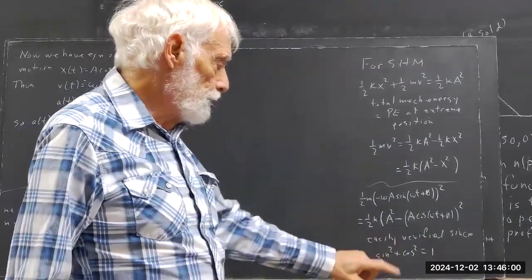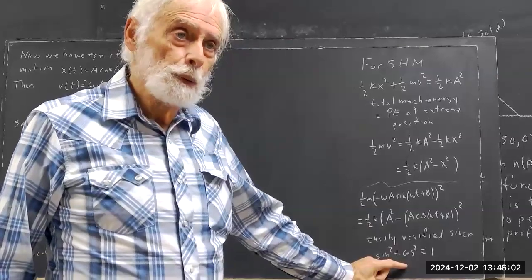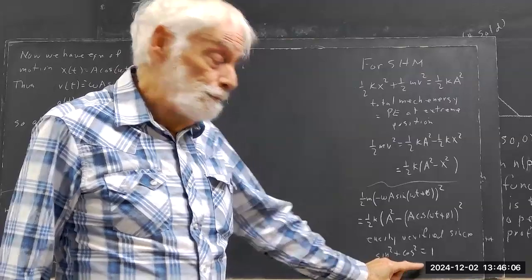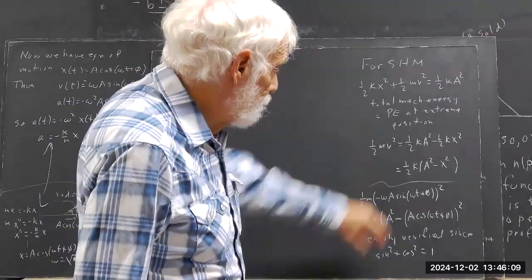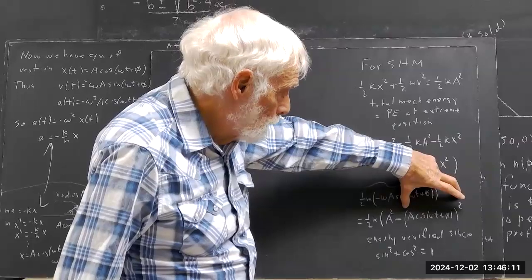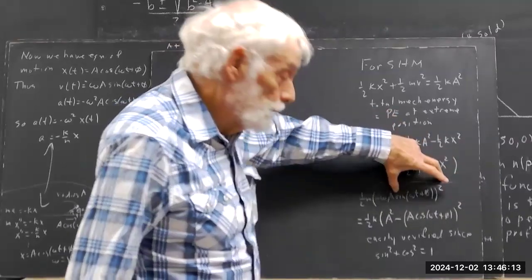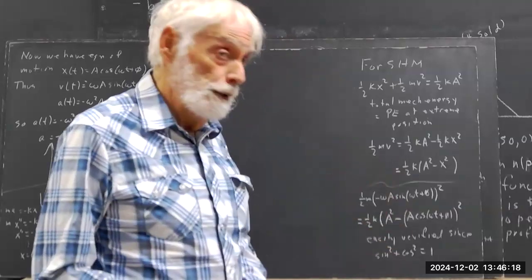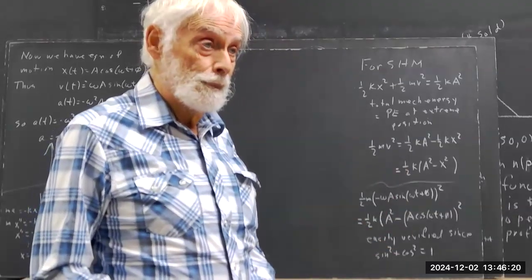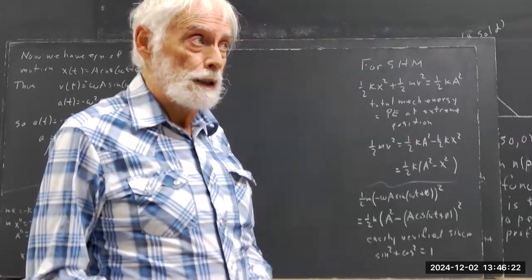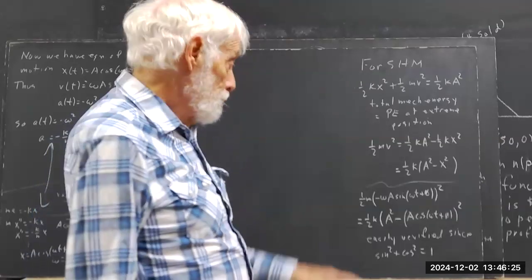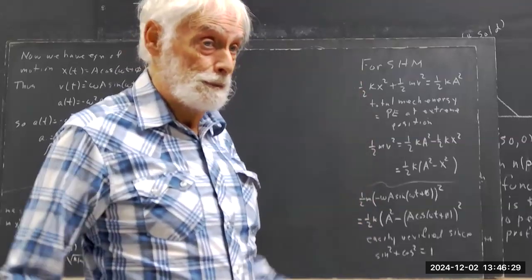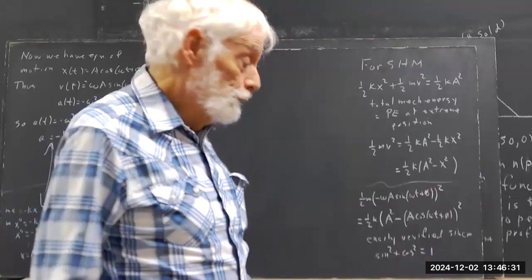Easily verified, since the sine squared of whatever plus the cosine squared of the same whatever equals 1, right? The Pythagorean identity. Because right here, you have a cosine squared. Right here, you're going to have a sine squared. Then you have your relationships between omega and k and m. I heartily recommend that you verify this and relate it to this. It's good stuff.